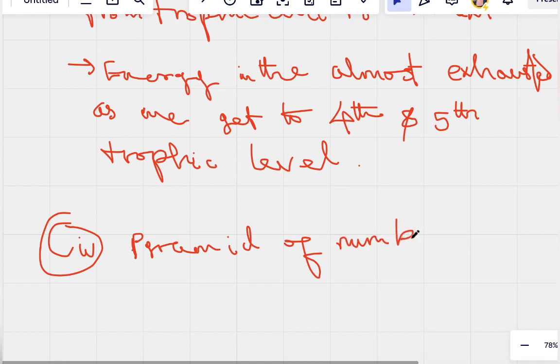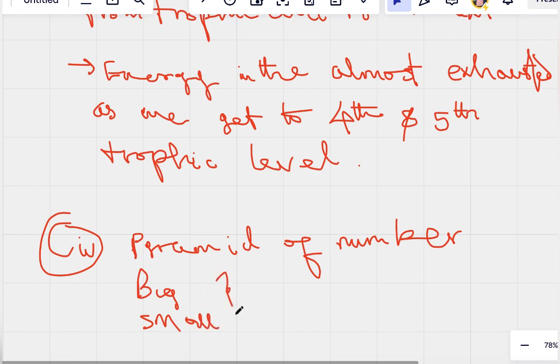So it doesn't really show the real energy quantity in the trophic level. We say the big and small are as if they're the same because you are just counting the numbers. You are not counting their mass. The mass is not really represented.